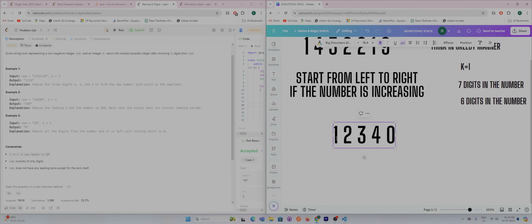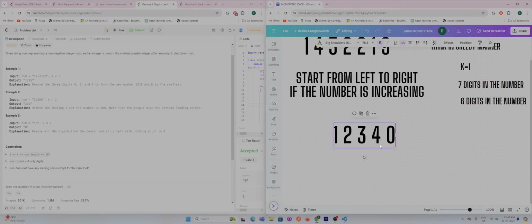If I eliminate 1, then 2 takes the first place. If I eliminate 2, then 3 takes the first place, then it becomes 1 3. So the number is increasing, but why am I doing this? If I eliminate 4, then 0 takes its place, and these numbers get shifted, which is kind of what I want, right?